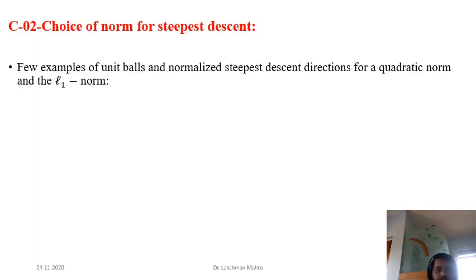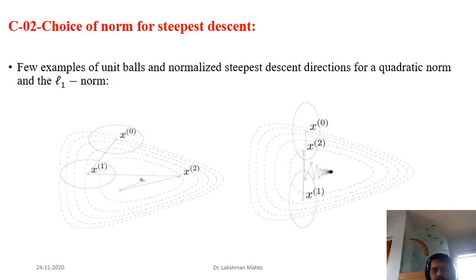Further, about the choice of norm, you can take this elliptical norm, or an elliptically horizontal one. If you take this kind of quadratic norm, then you will face a problem.